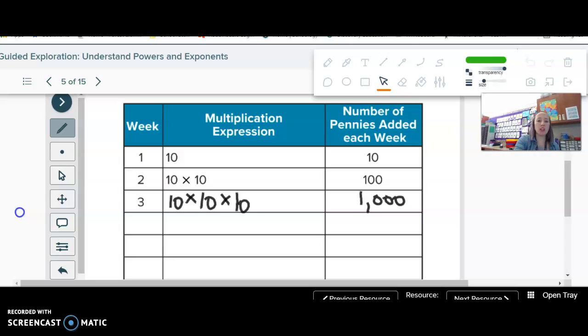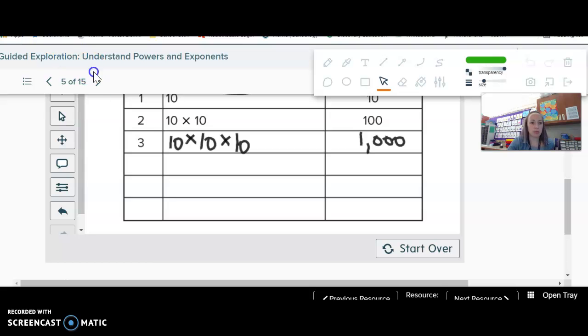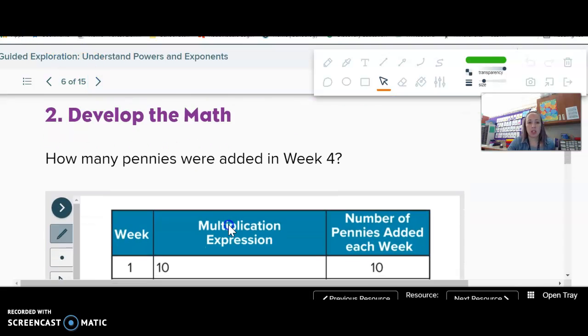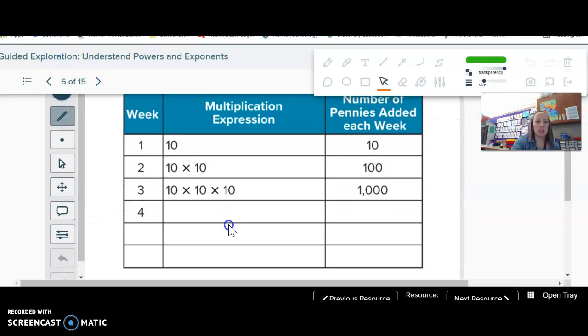So the multiplication expression has the numbers and then what is being multiplied together. An expression is just numbers and those symbols together. So then in week 4, again, we're doing 10 times 10 times 10 from week 3, and add another 10 for week 4. Okay, so then that is 10,000.